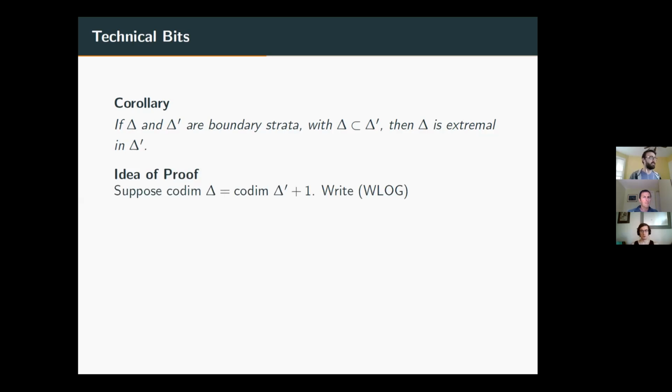And the idea of the proof is, okay, so suppose there's one codimension off. So I have a codimension 2 stratum living in a codimension 1 stratum. Well, you can write the smaller codimension guy as a product of moduli spaces. And then think of the other one as that same product, except at one place where you've added an extra node, right?